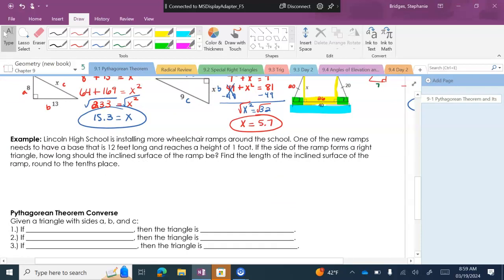It says Lincoln High School is installing more wheelchair ramps around the school. One of the new ramps needs to have a base that is 12 feet long and reaches a height of 1 foot. If the side of the ramp forms a right triangle, how long should the inclined surface of the ramp be?